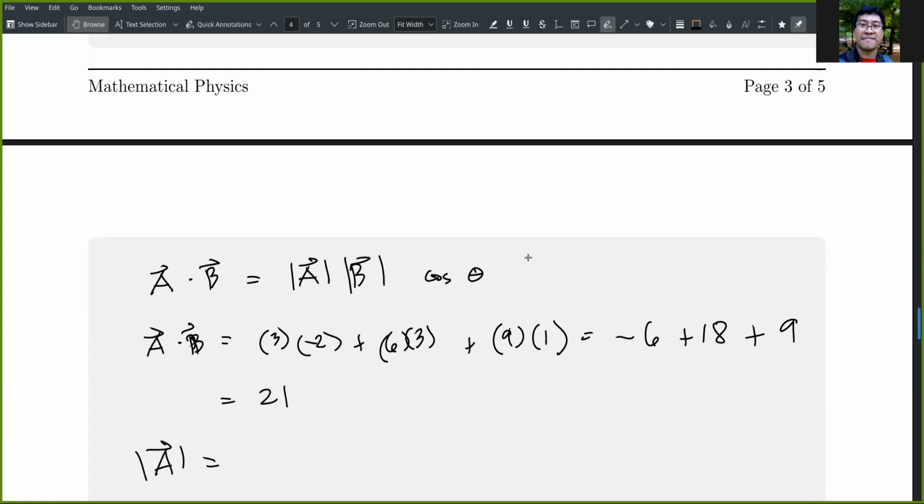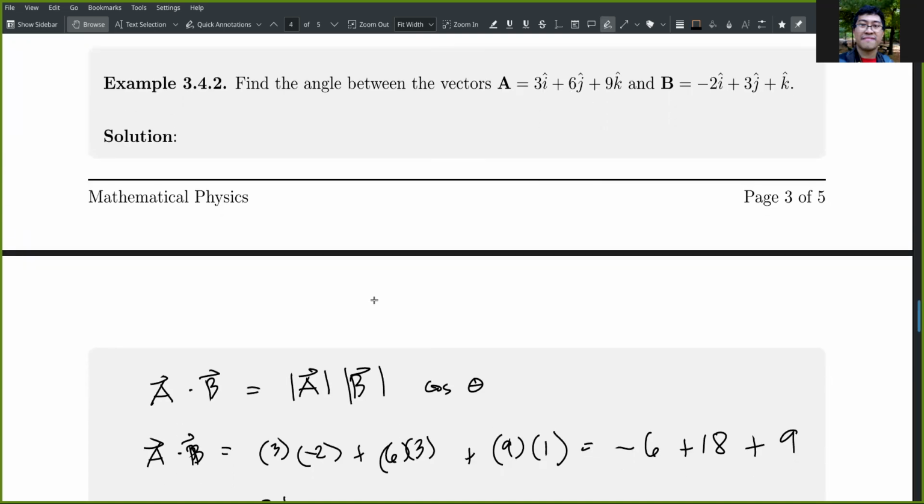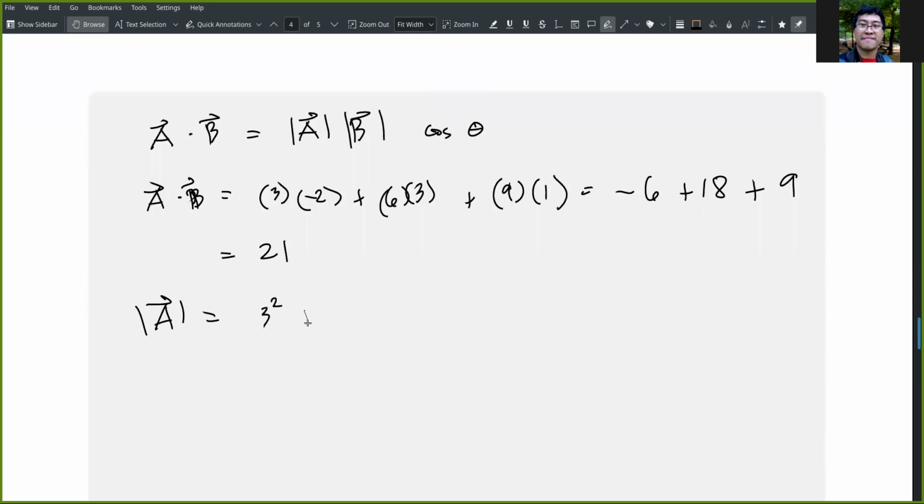For the magnitude of a, that would be the square root of 3 squared plus 6 squared plus 9 squared. You can factor out the 3 squared: 3 squared times 1 plus 2 squared plus 3 squared. 1 plus 4 is 5, plus 9 is 14.